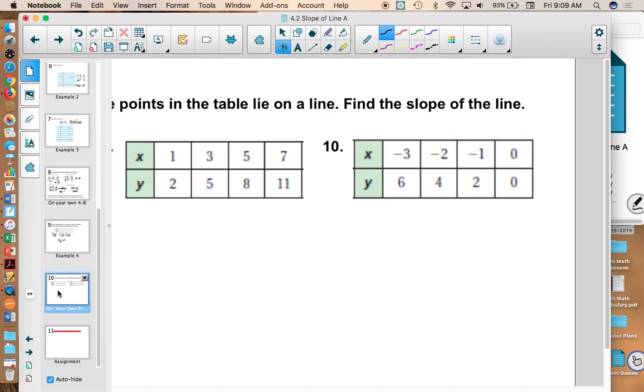Slope is the change in what over the change in what? Yeah, you reverse that, okay? So it ends up being, yes, I agree.